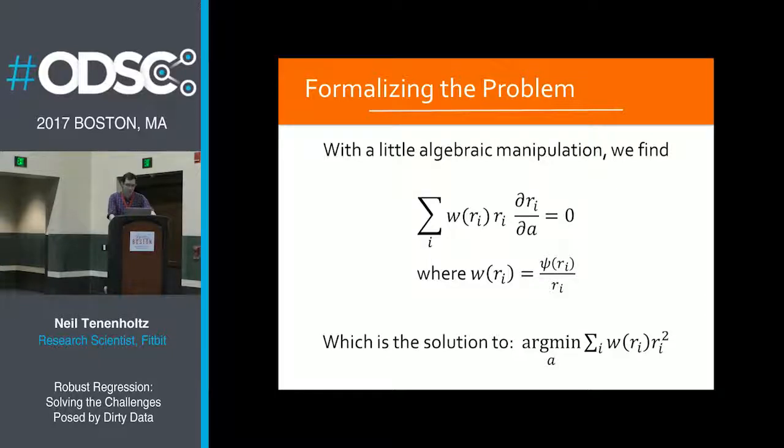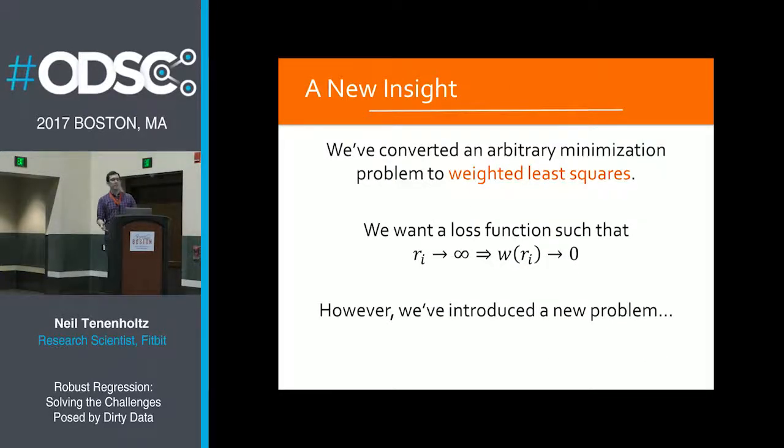And I'm going to do a little bit of mathematical trickery here. I'm going to define a w function that is just this psi divided by r. And that gets us nowhere, right? It doesn't actually change the problem. But what it does do is this formulation you see right here, this is what you're trying to solve when you're trying to solve a weighted least squares. And so what we've done, in essence, is we've said, OK, least squares doesn't work well for us because the error grows without bound.